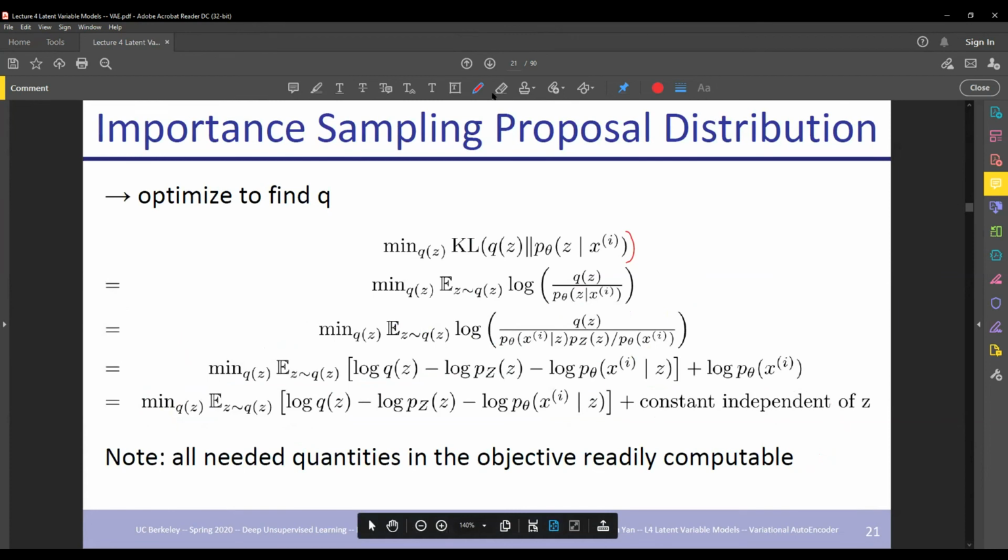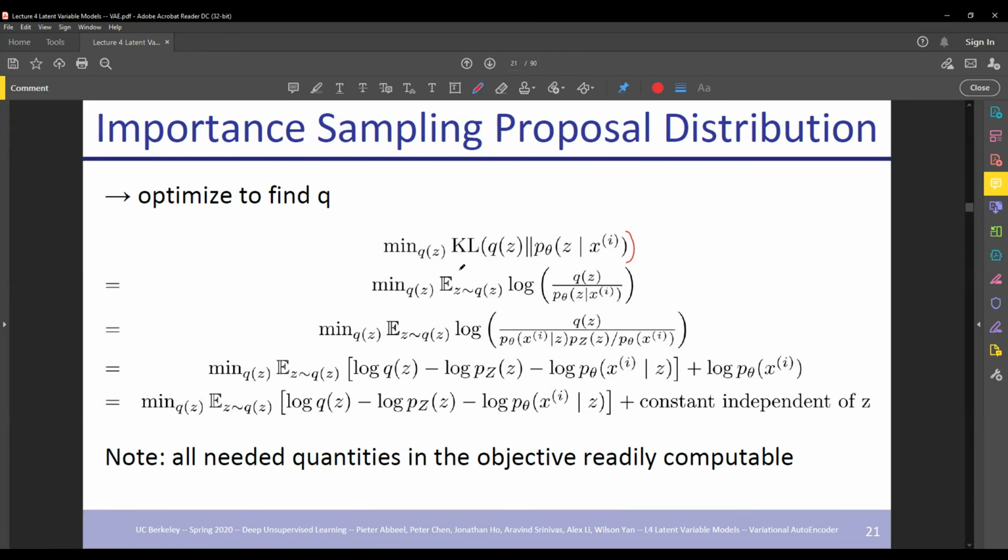We minimize the KL divergence between two distributions: our distribution Q of Z and the posterior, which is P theta Z given Xi. Minimizing the KL divergence means making these two distributions as close to each other as possible.